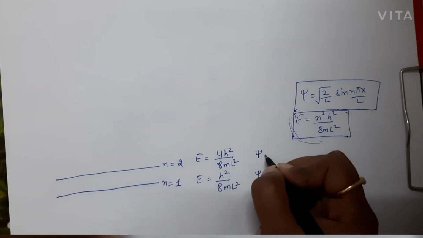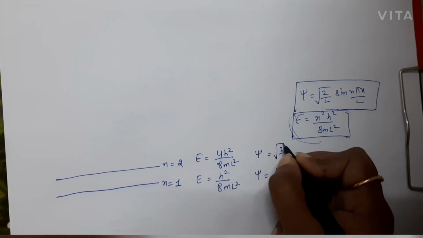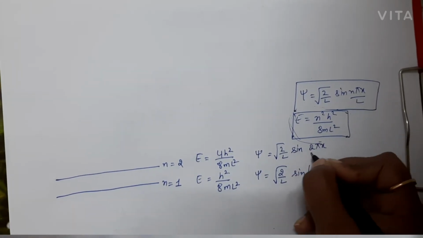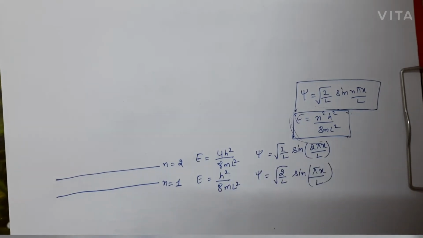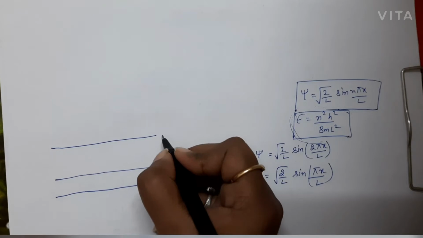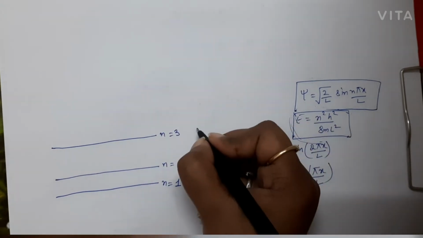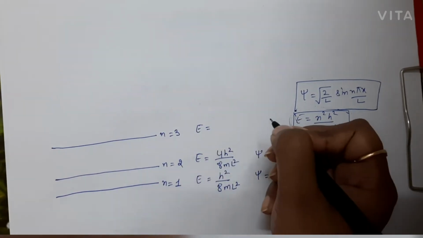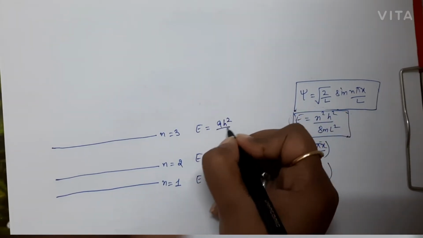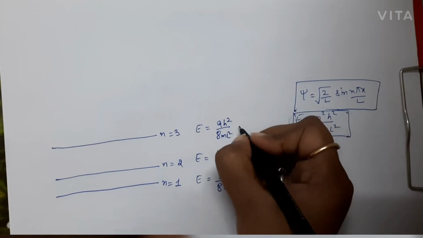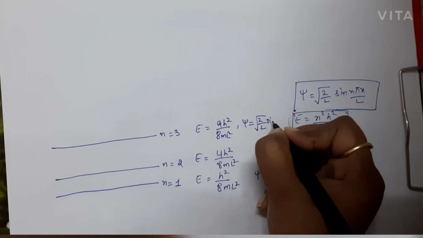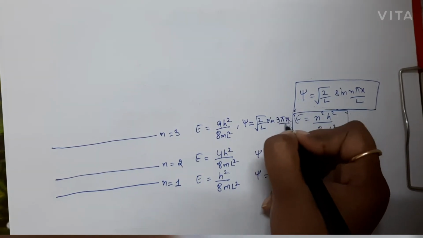And the wave function will be equal to root 2 by L sine n pi x by L, that is sine 2 pi x by L. After this, moving on to energy level 3, n equals 3, energy will be equal to 3 square h square by 8mL square, that is 9h square by 8mL square, and the wave function will be equal to root 2 by L sine 3 pi x by L.